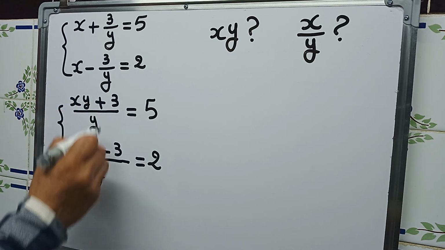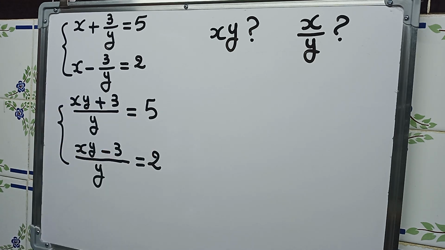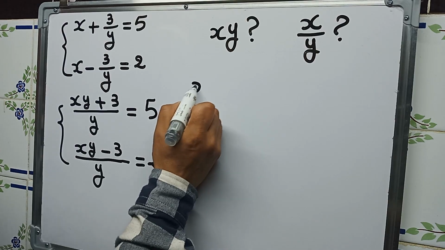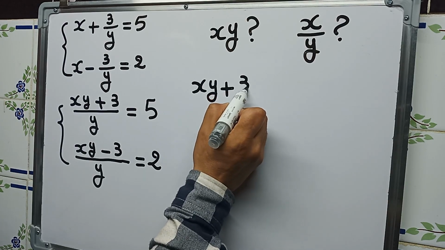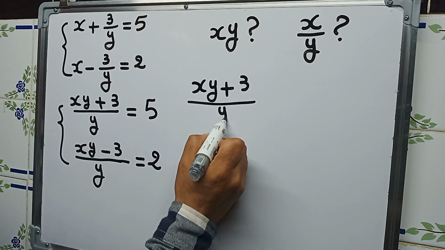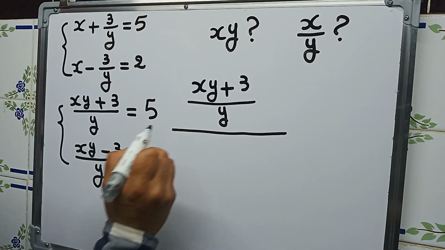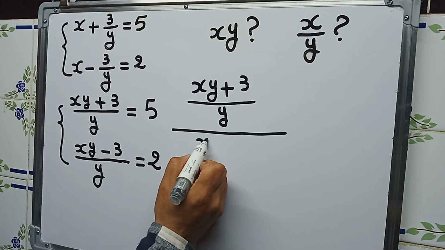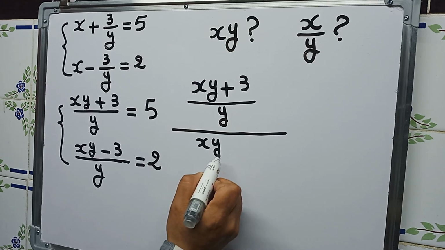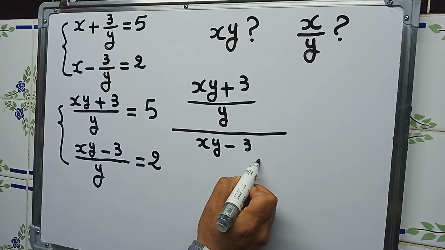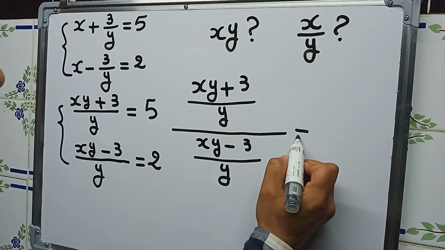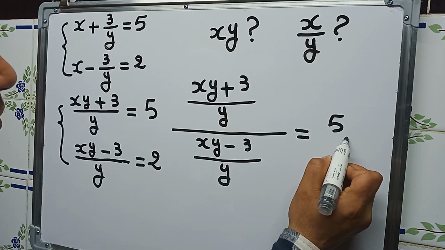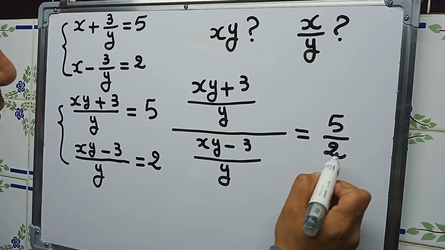And now dividing the two equations, we will have xy plus 3 over y over xy minus 3 over y is equal to 5 over 2.